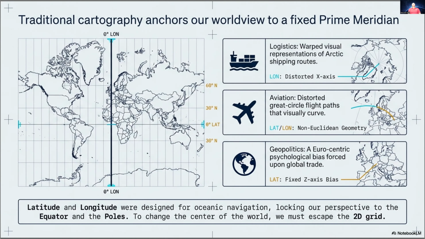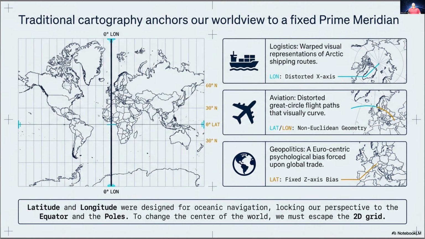Traditional cartography anchors our worldview to a fixed prime meridian. This is the prime meridian, and on one side is 0, and the other side is minus.